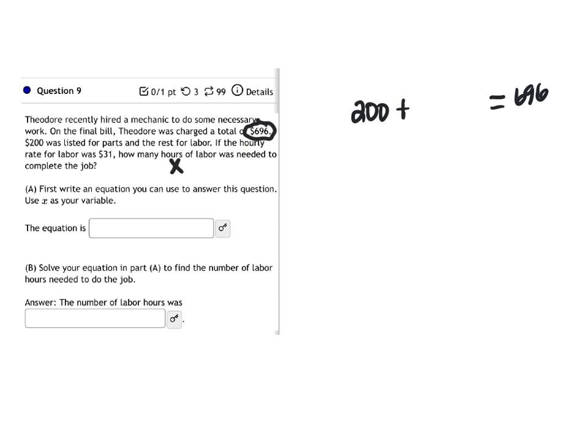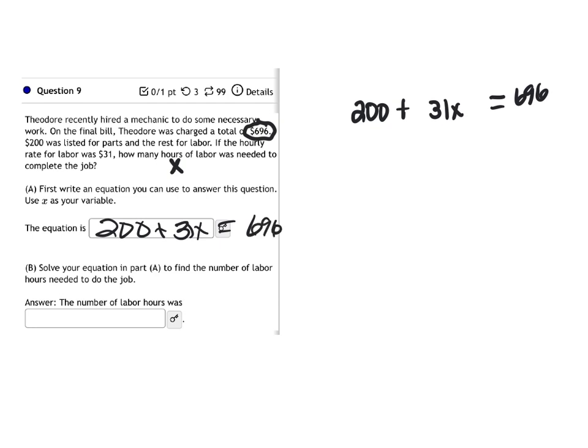So you know the total cost $696, and it's $31 an hour, so that's 31x. So that is the parts, which is 200, plus the hourly rate times the number of hours for the labor, and that should total to $696. So that will go in your first part, 200 plus 31x equals $696.